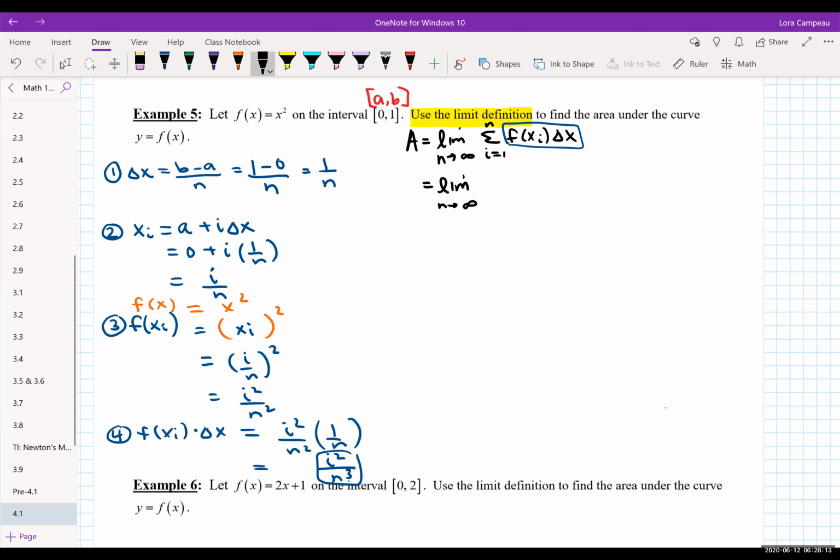So we still have the limit. You cannot get rid of this. Summation i equals 1 to n. f of x sub i delta x is actually i squared over n cubed. So having said that, we have to look at some of our work from summation notation.